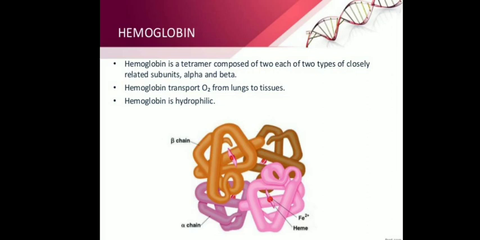The name hemoglobin is composed of two words. The word heme means blood and globin means a globular protein.